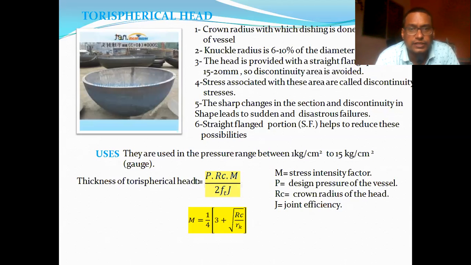Generally, these vessels are used for a pressure range between 1 kg per centimeter square to 15 kg per centimeter square.